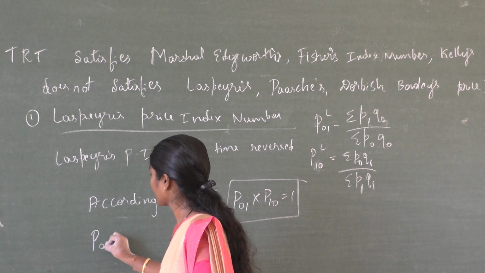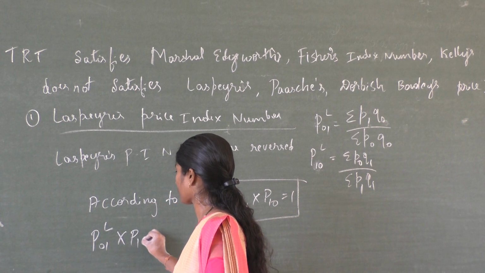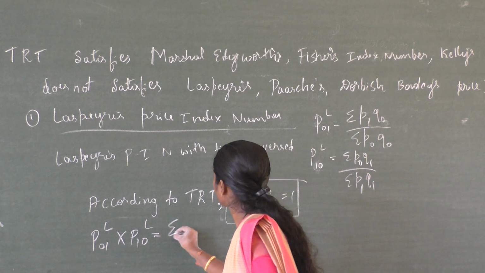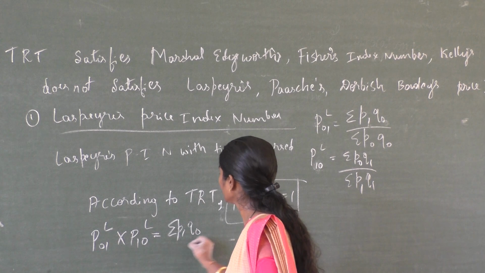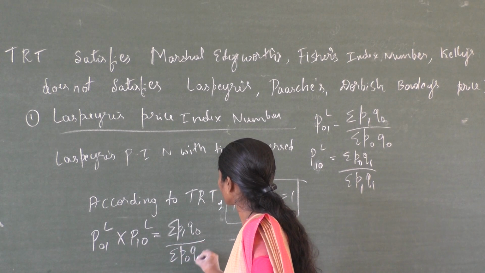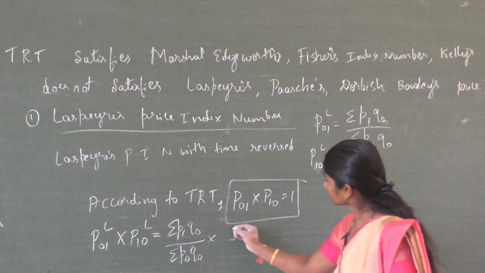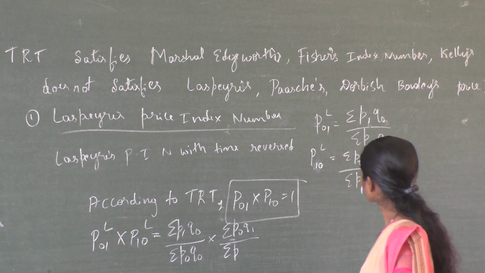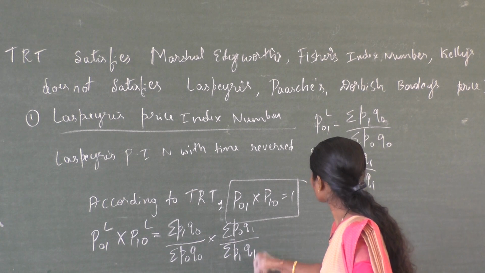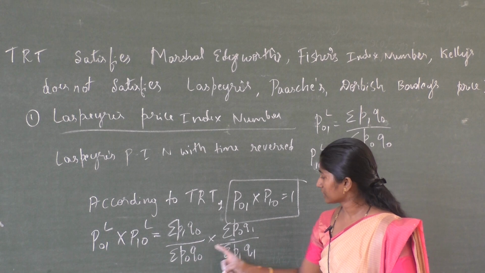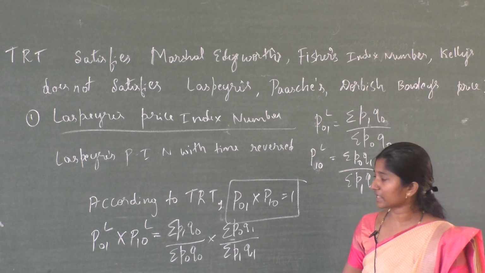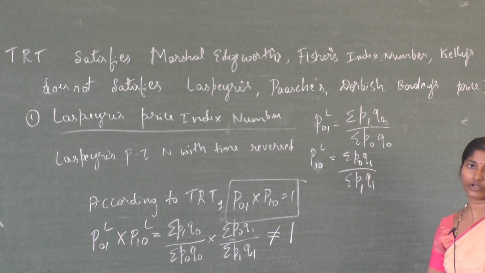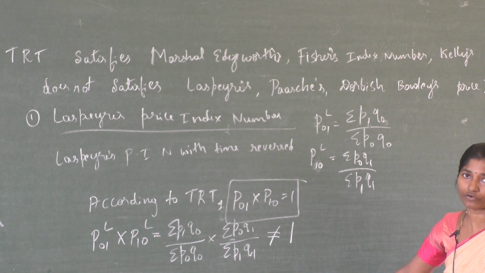Now P01 of Laspeyres' into P10 of Laspeyres' equals total P1 Q0 over total P0 Q0, into total P0 Q1 over total P1 Q1. See, that does not cancel, it remains as it is, therefore it does not equal 1. We have not got answer 1.